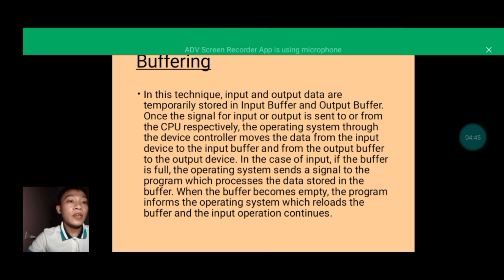In the case of input, if the buffer is full, the operating system sends a signal to the program which processes the data stored in the buffer. When the buffer becomes empty, the program informs the operating system, which reloads the buffer and the input operation continues.